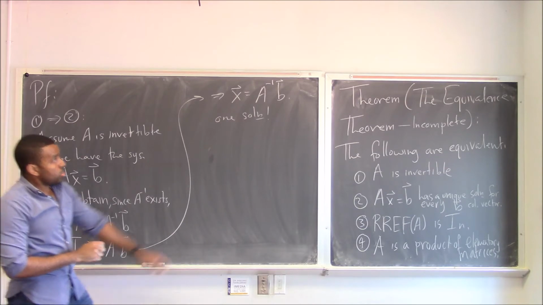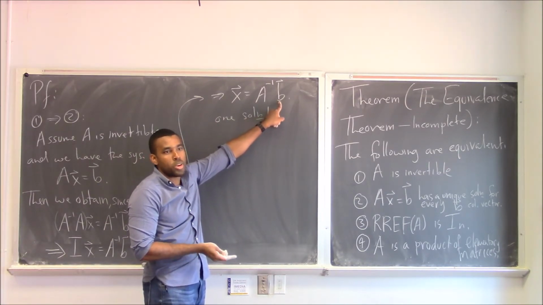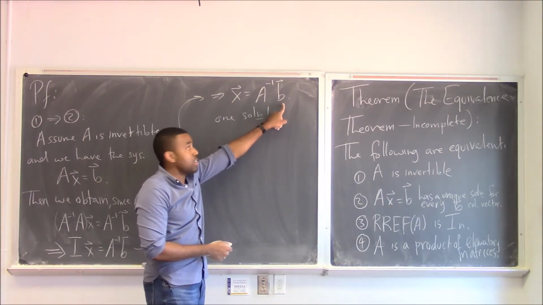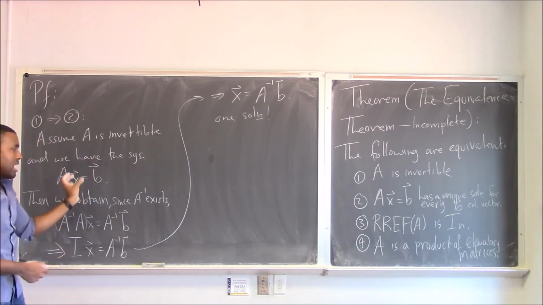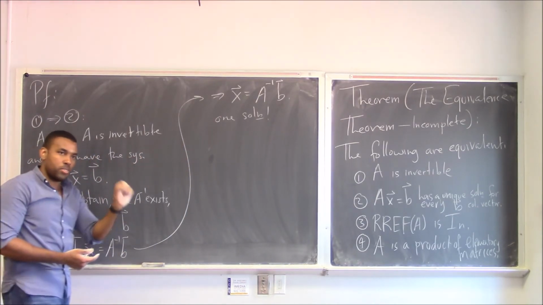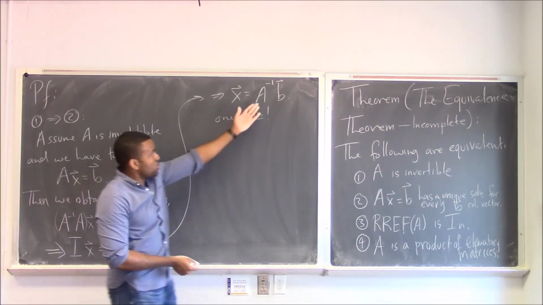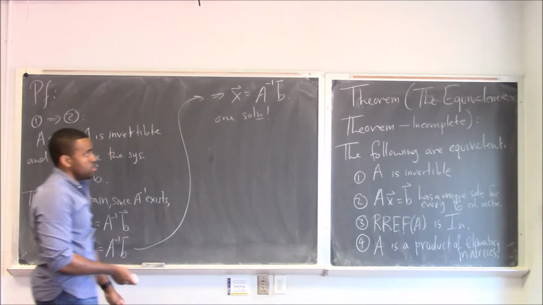Okay. So this is a constant matrix, right? It means it has numbers. It's not like things have variables here where we have to worry about, oh, what if the variable is this? These are all numbers. And if my matrix is a coefficient matrix, that has all numbers. Its inverse is going to have all numbers. They're going to be specific, real numbers. So if I multiply something with specific numbers times something with specific numbers, I get specific numbers.